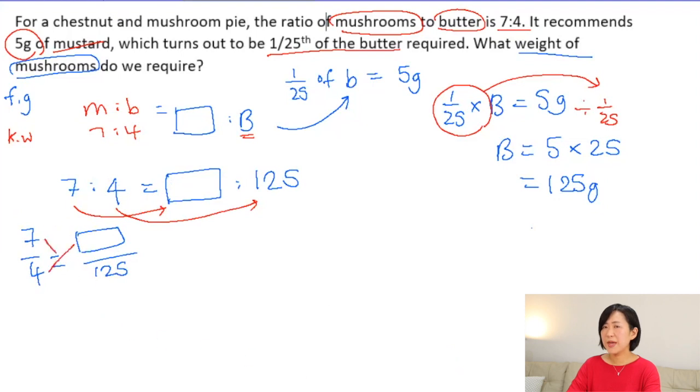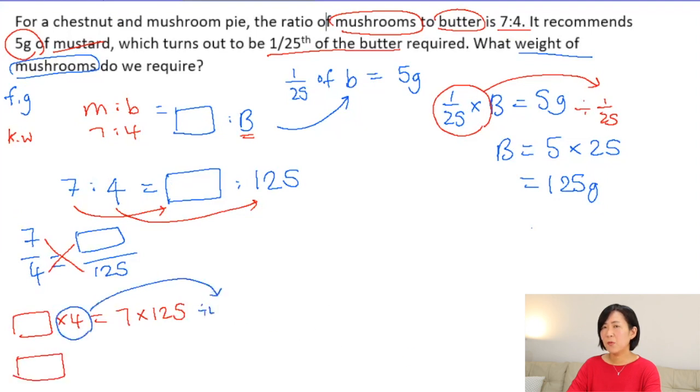So cross multiply: missing value times 4 equals 7 times 125. Then our missing value equals, now I'm going to divide by 4, 7 times 125 divided by 4.